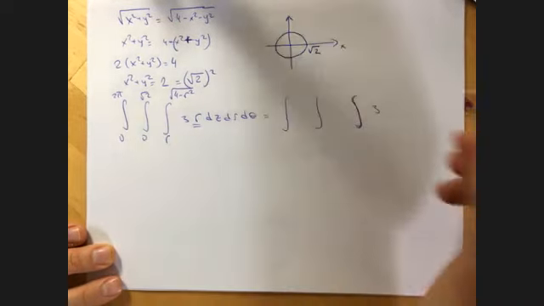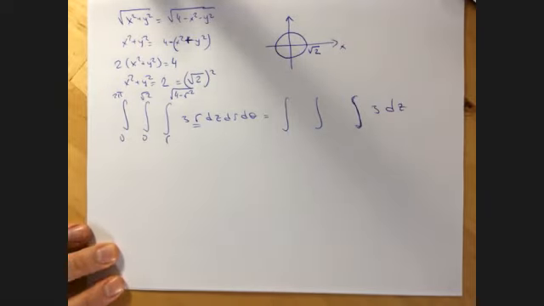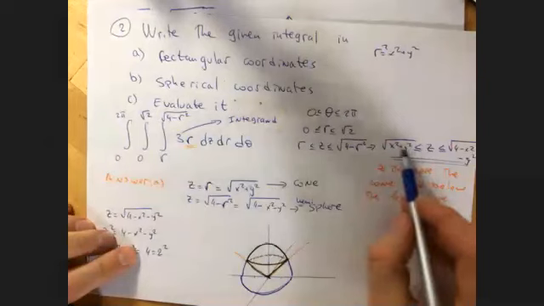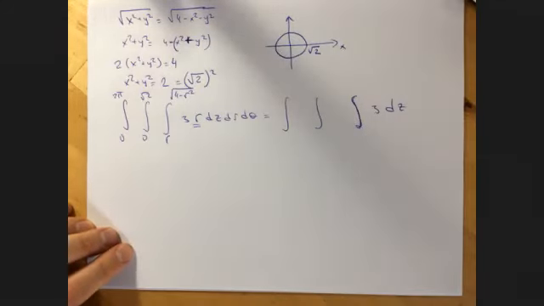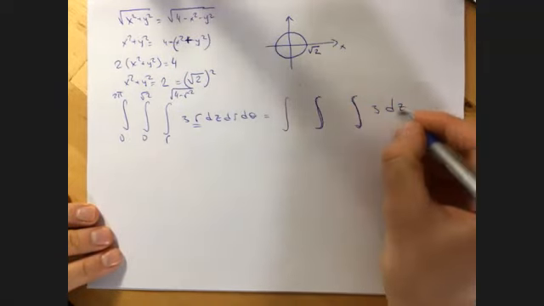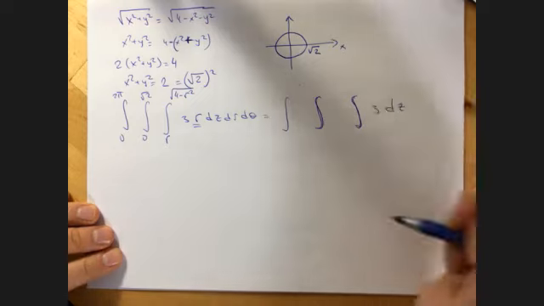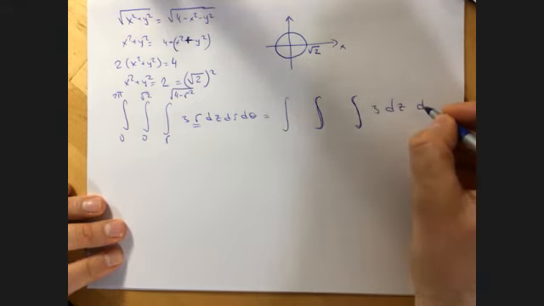And then choose dz. I already have z expressed in terms of x and y, so that's why I'm going to integrate first with respect to z, okay? And then based on your choice, that's how you're going to find the bounds on x and y. So let's say dx dy.